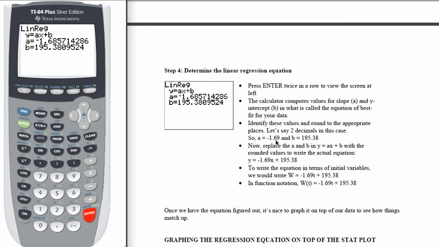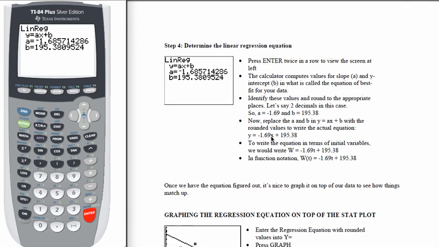So if we identify those to 2 decimal places, we get a is negative 1.69 and b is 195.38.